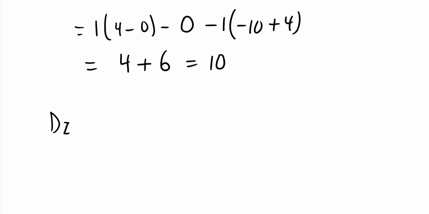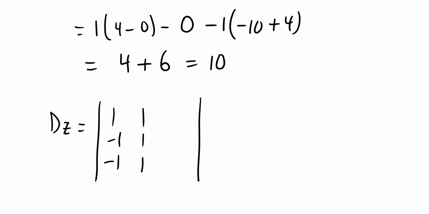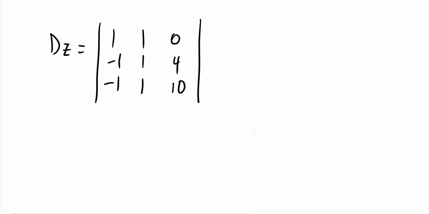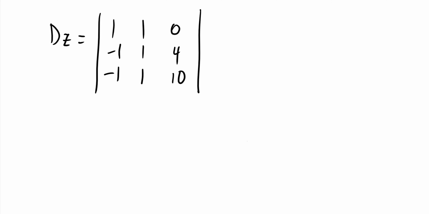Now dz, because we have z. We keep the coefficient of x the same, coefficient of y the same, and replace the z with the constants. And what does that give us?